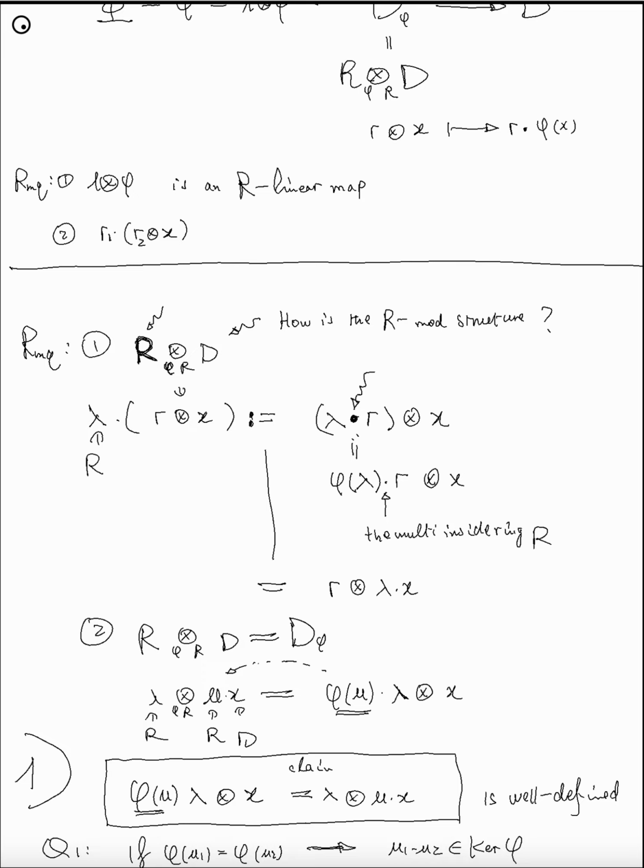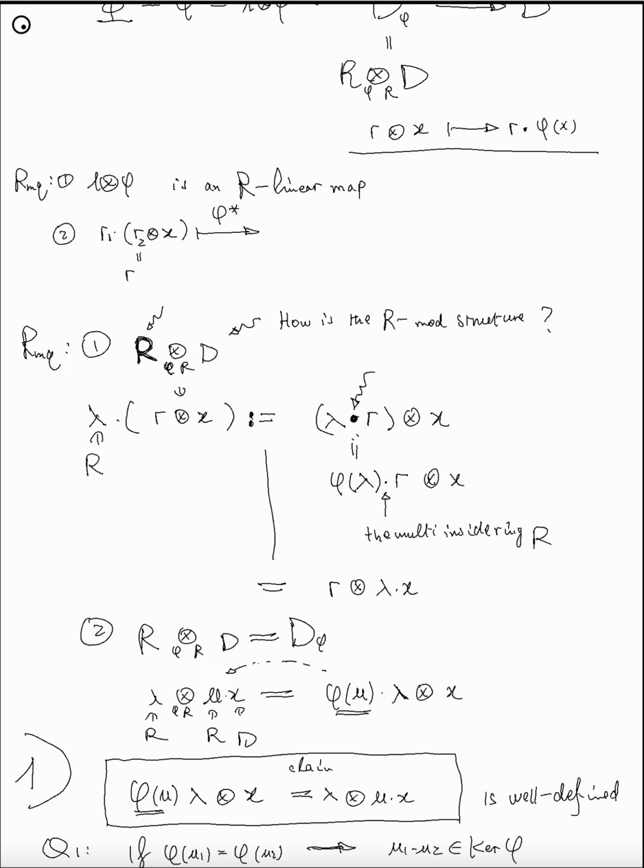So let's say you have r1 acting over this tensor, and you want to map it through this linearization, and as we expected, because this is a linear map, this should be mapped to r1 times the image. If we just use this definition here, then you could write it more explicitly.